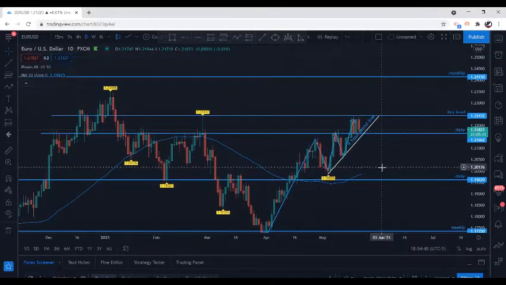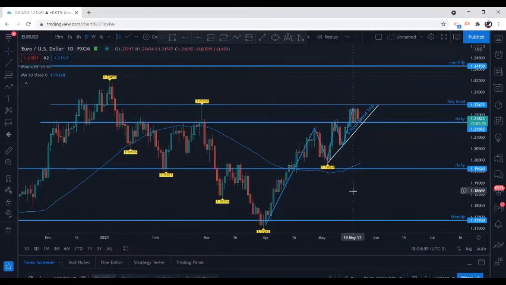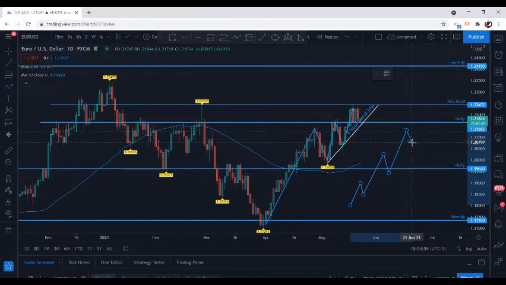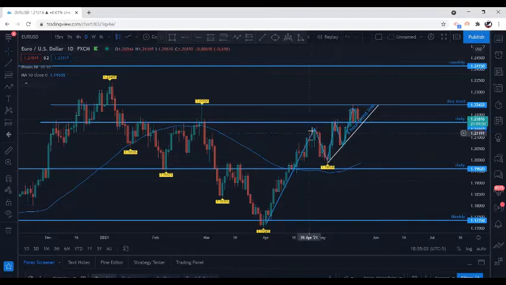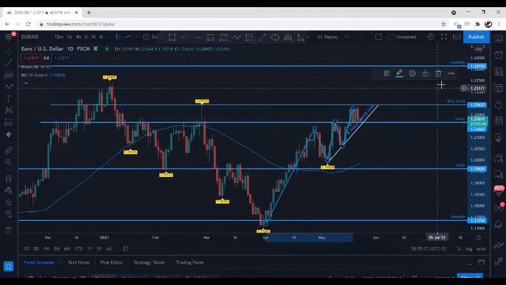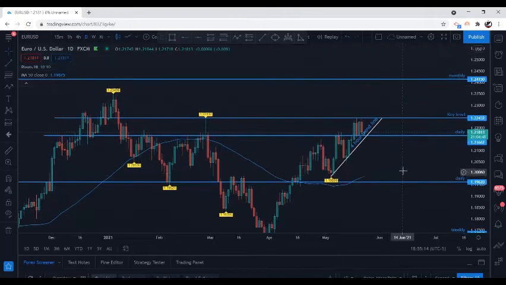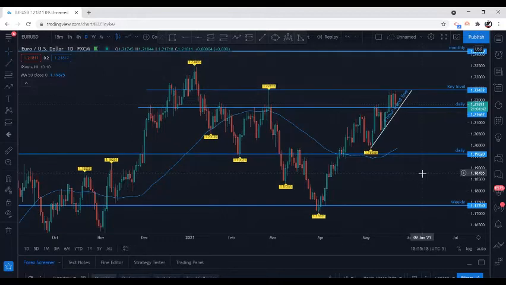To spot a healthy uptrend or downtrend is basically seeing each impulse being greater than the previous. So once we have the impulse, which is this leg and this leg, being smaller than the previous impulse, then we can see that the buyers are getting weaker. So on our daily chart, we can identify that.